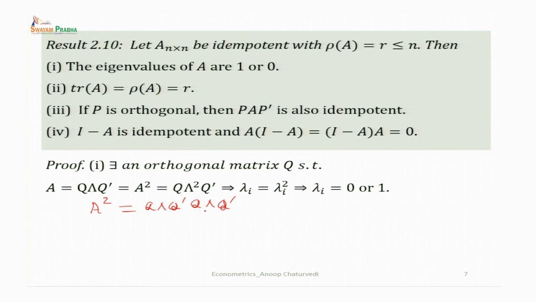Then Q transpose Q is the identity matrix, so this is equal to Q lambda square Q transpose. So, you get the result Q lambda Q transpose equal to Q lambda square Q transpose, and this implies that lambda i is equal to lambda i square for all i. Lambda i equal to lambda i square implies that lambda i is either equal to 0, because 0 square is equal to 0, or it is equal to 1.